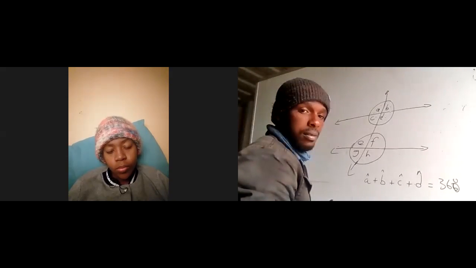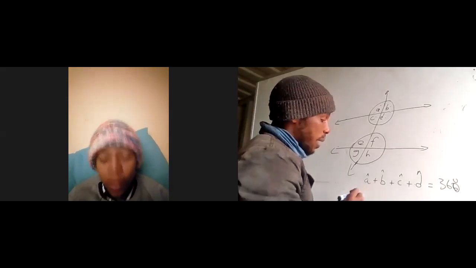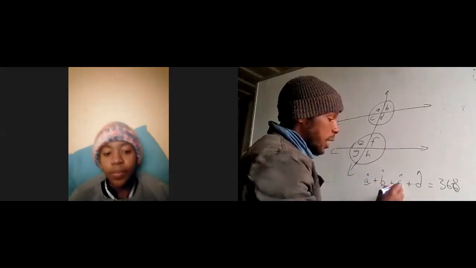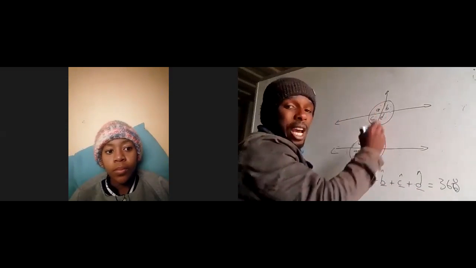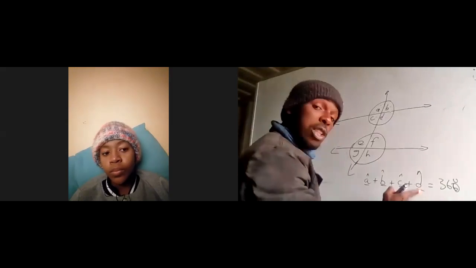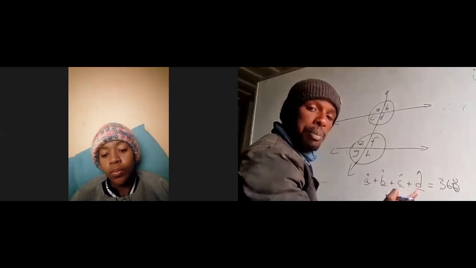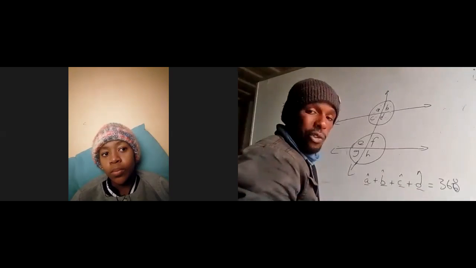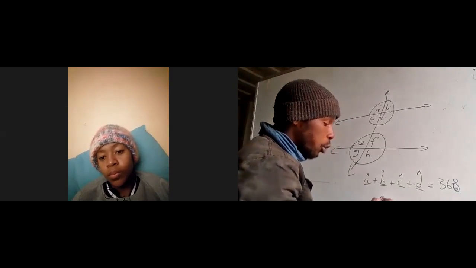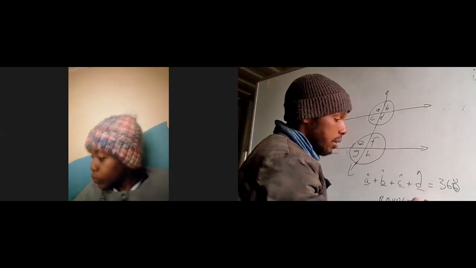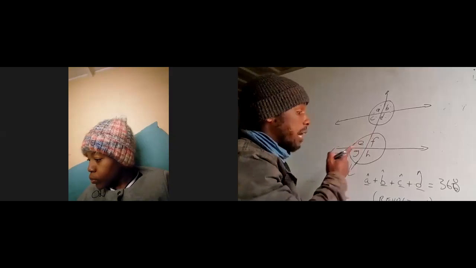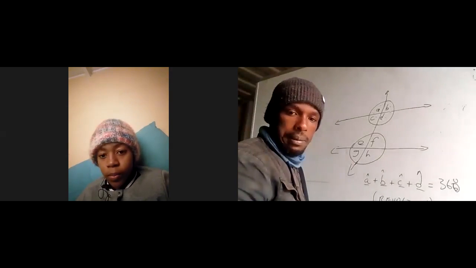Whichever values I'm given for all of these 4 angles, they must make up 360 degrees. We call them a revolution, because it's really revolving, like a wheel motion. The same goes for E, F, G, H.